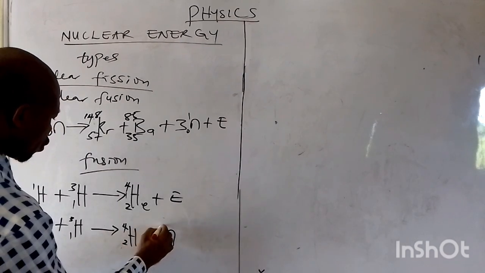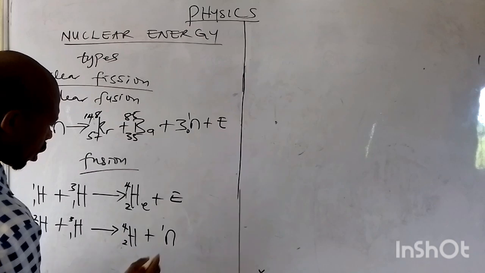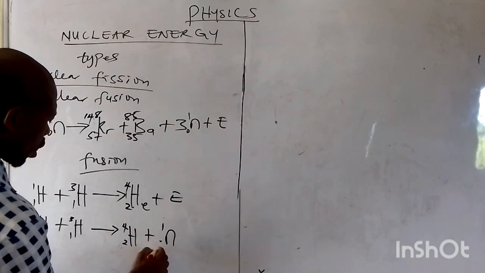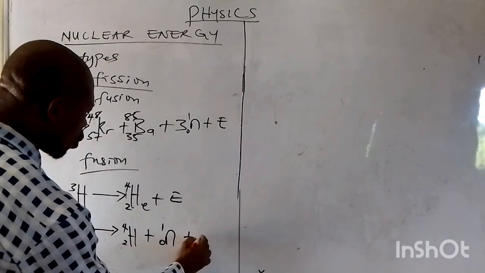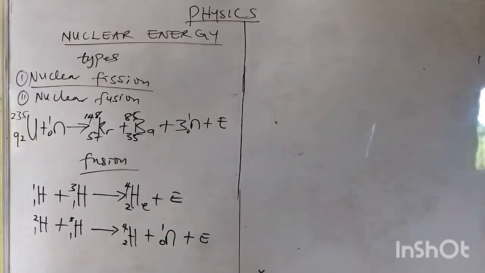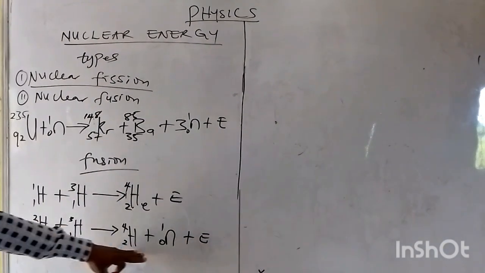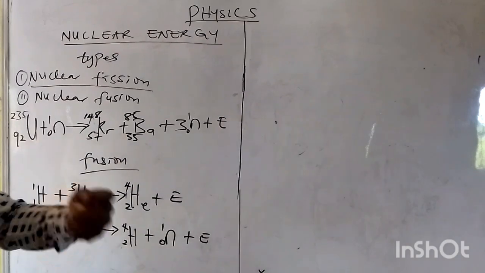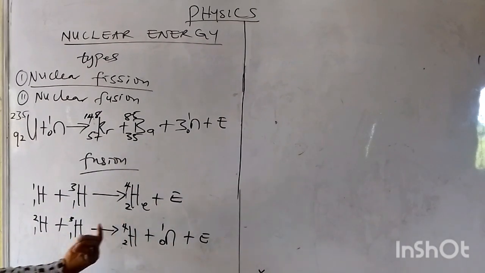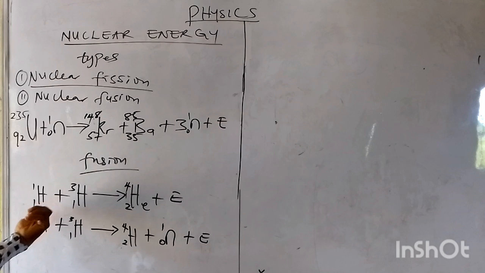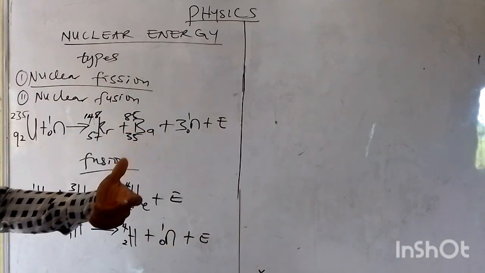This neutron gives us 0 here, and this one gives us 1 here, and 0 here, plus energy produced. So this process, and more, there are other things we can see, a neutron can still fuse with another element to give us a higher element.